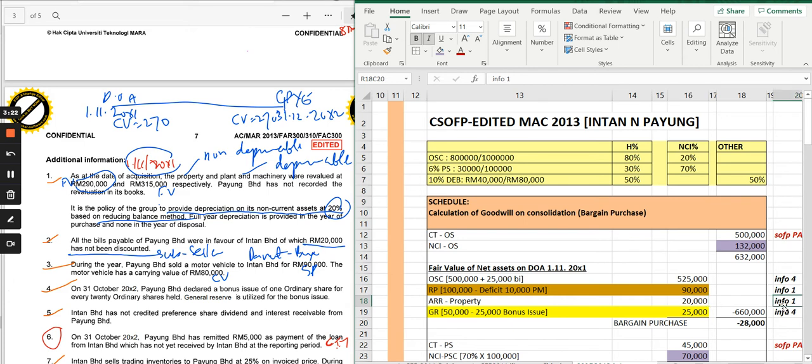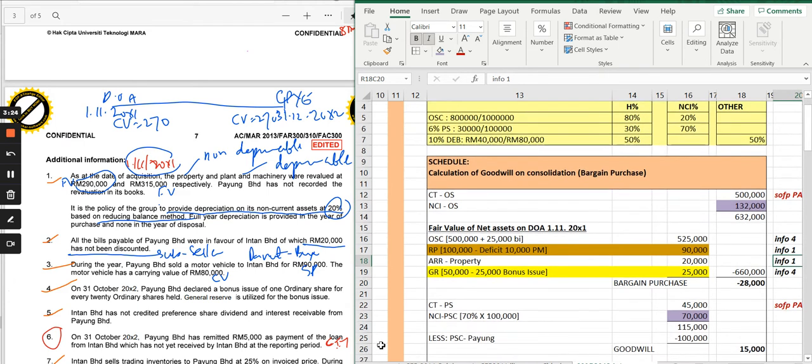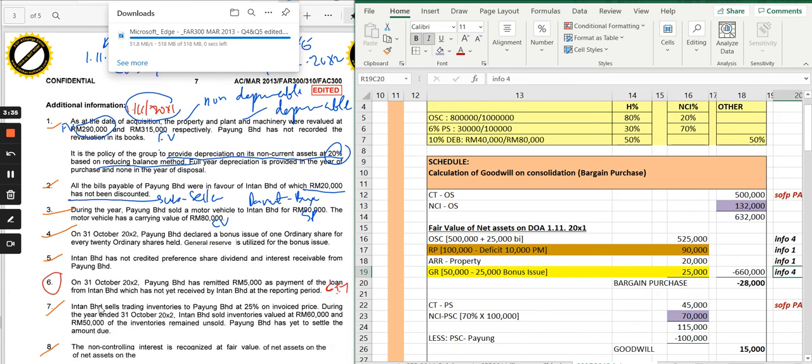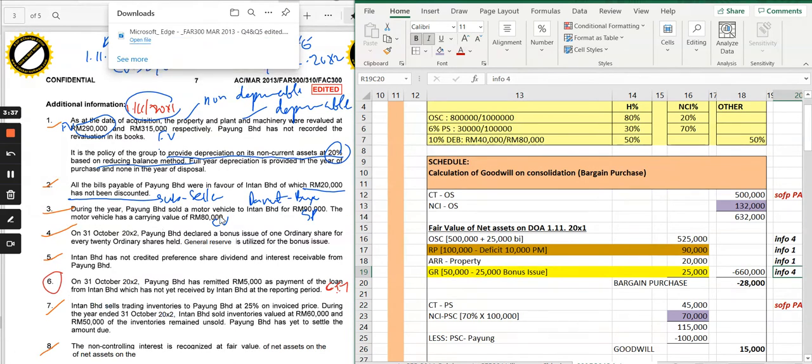You can check information 1, and later you can also go and check consolidation journal 1 from my previous video. And general reserve here we have also discussed in information 4 and consolidation journal entry 4, which is bonus issue out of pre-acquisition reserve. The reserve utilized here is general reserve.